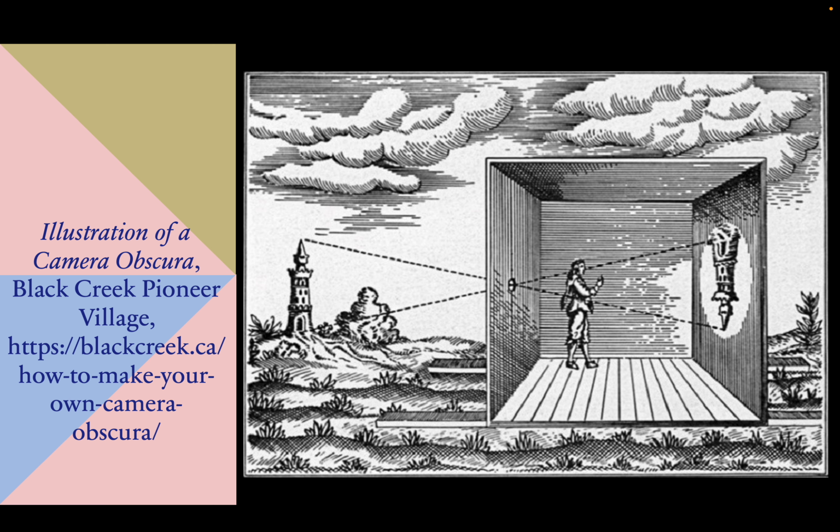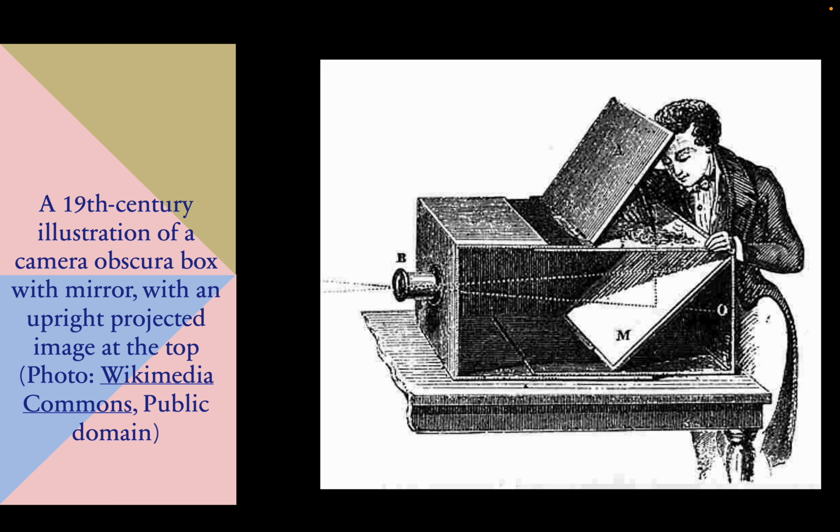Sometimes the camera obscura was an entire room. Sometimes it was just a small box. So this is a case where he's tracing. It comes through the pinhole, or in this case, it has a lens on it, hits the mirror, shines up, and he traces the image above.